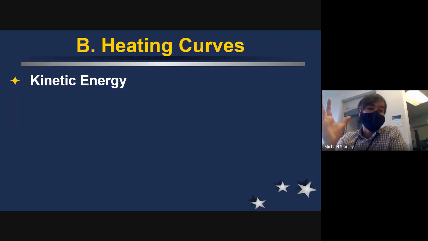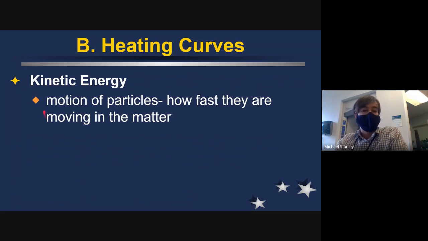If you remember earlier, we were talking about kinetic energy and the kinetic molecular theory, the idea that we have these tiny particles, and in solids they're not really moving, in liquids they have a good amount of motion, and in gases they're moving super fast all around.